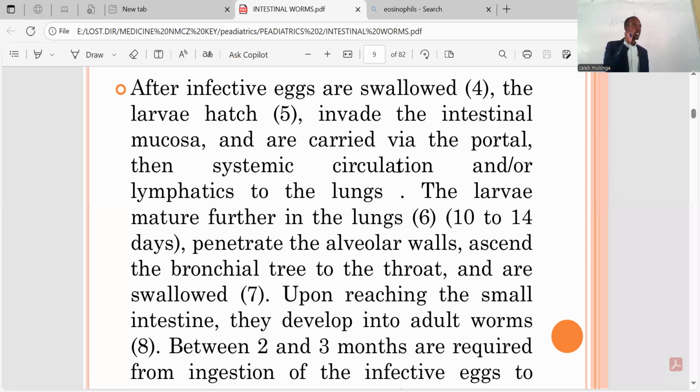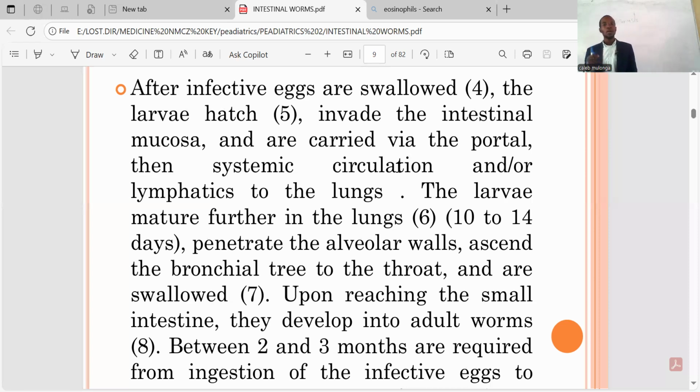There in the intestinal mucosa, this larva will travel through the blood or the systemic circulation or the lymphatic system and reach the lungs.